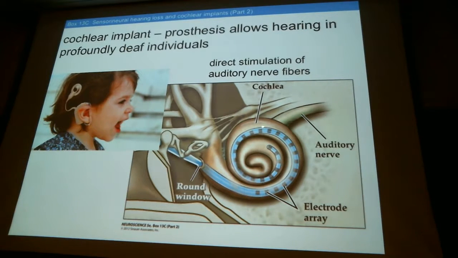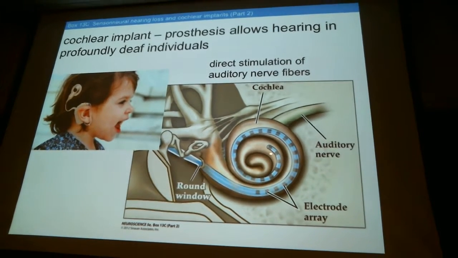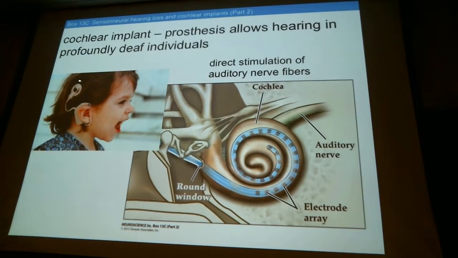It's an electrode array, a whole set of electrodes that you snake into the cochlea, and then you have a microphone on the outside and a preprocessor that will electrically stimulate the auditory nerve. Low sounds can be stimulated on one end and high sounds on the other. So you can translate the sound in the environment into electrical stimulation of the auditory nerve.